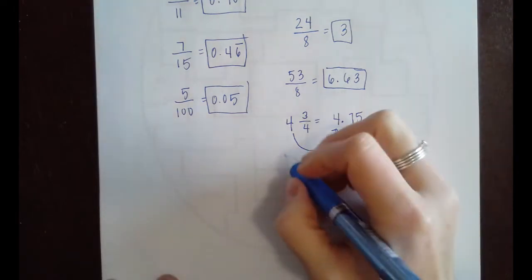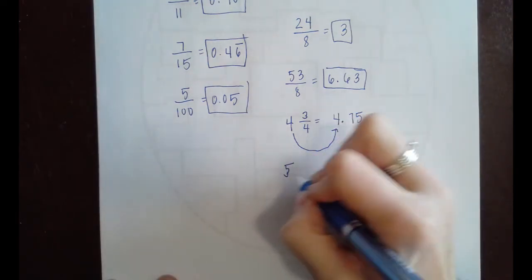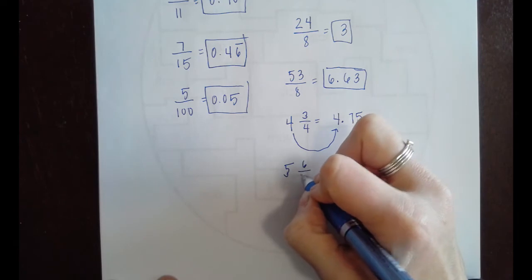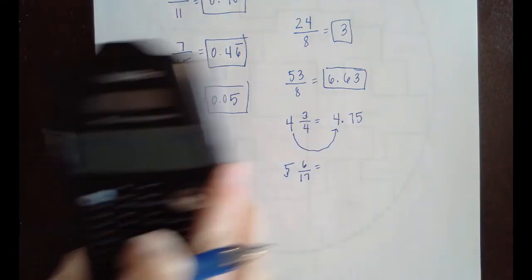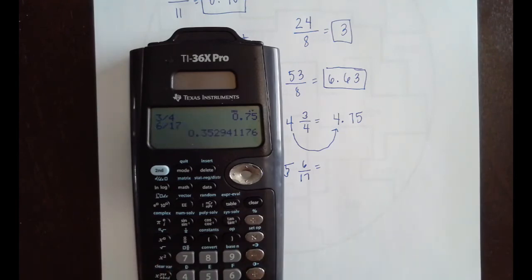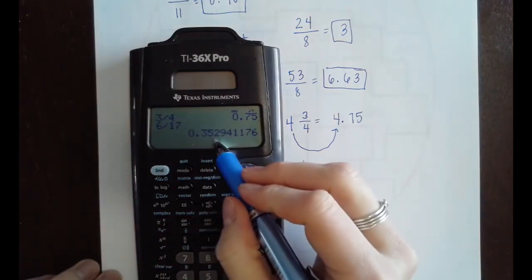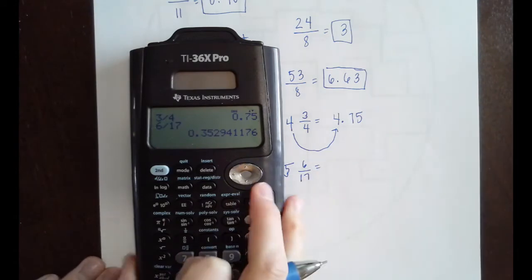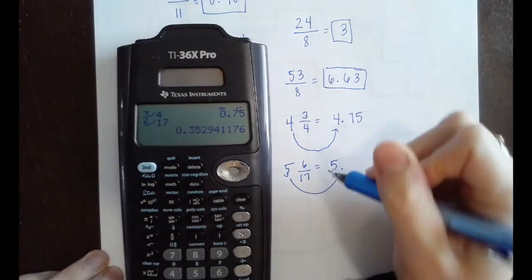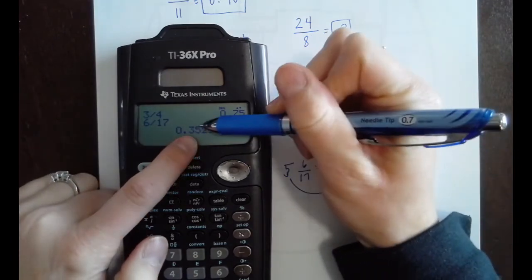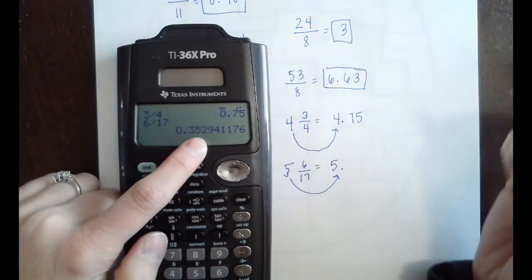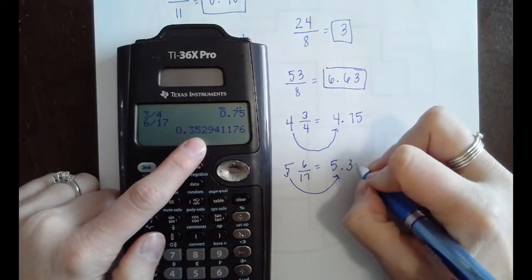Okay, so one more time. If you had like 5 and 6/17, so 6 divided by 17 is 0.3529, whatever. Okay, so we move the 5 out in front of the decimal. And then 6/17, we want two numbers after the decimal. And we look to the third to see if we round, and it's smaller than 5, so we don't round. So 0.35.